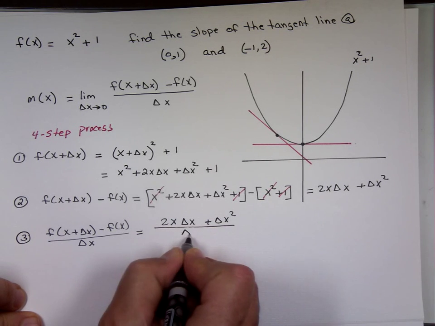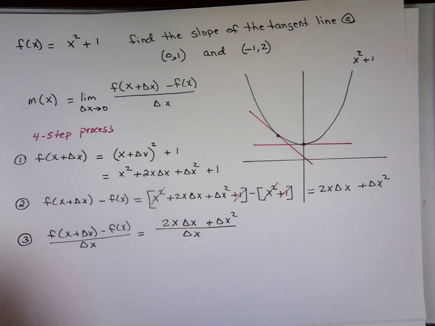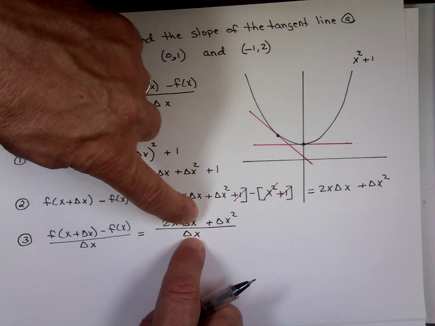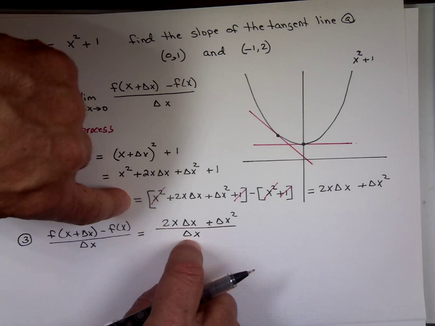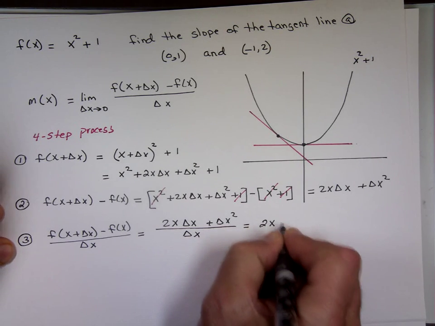Now remember, you're dividing each one of these by delta x, not just one of them. So you can't cancel that delta x with this delta x. It's this one divided by delta x, that one divided by delta x. So you're going to end up with what? 2x plus delta x.